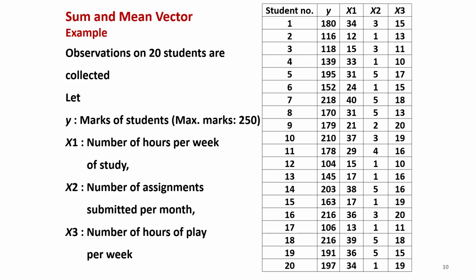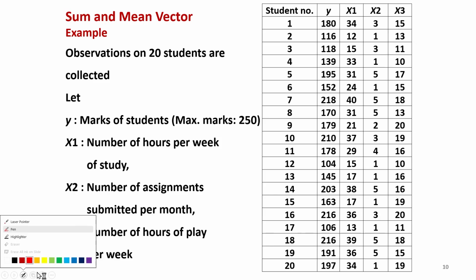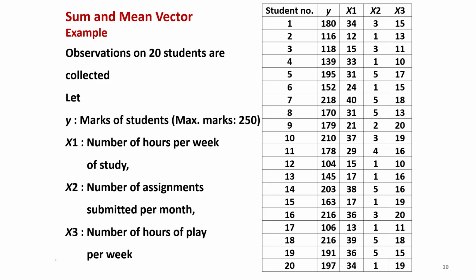Similarly, I take one more data set, and I will continue to use this data set in the next lecture also. Here there is an observation of 20 students which is collected on 4 variables.